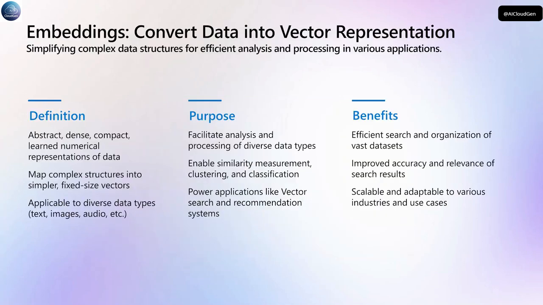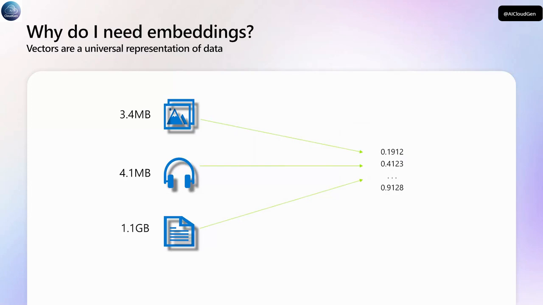We saw the embeddings model, right? The embeddings model helps you to convert the data into vector representation. Vector representation is nothing but converting the text into floating point numbers, and you will be able to do that with the help of embeddings. And why do I need embeddings? Because vectors are the universal way of representing the data.